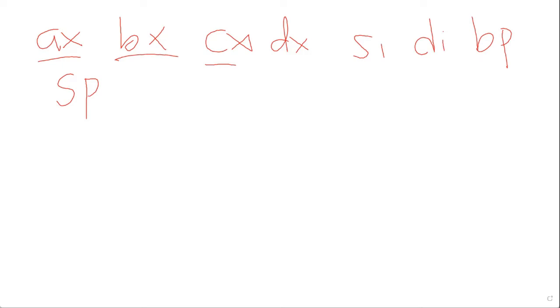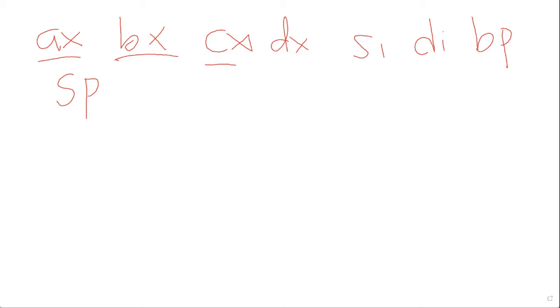All right. Now you have SI and DI. They have special purposes as well. You may use them as pointers, and you can also use them to have your indirect memory addressing.